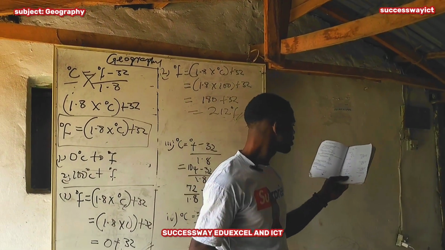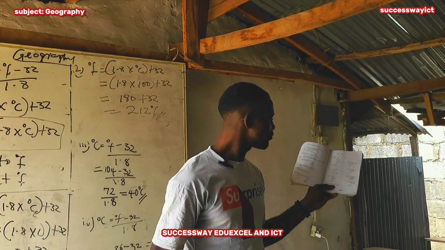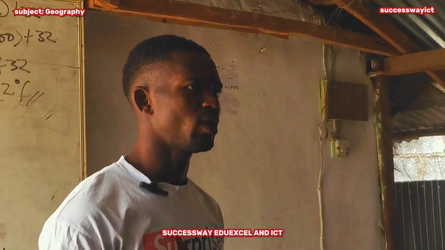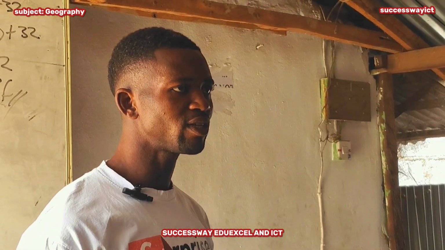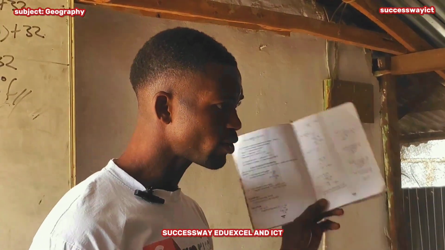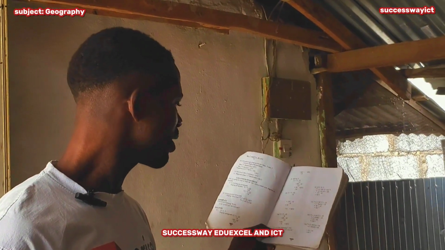Convert the following degrees centigrade to Fahrenheit. Are we there? Number 1, 10 degrees centigrade.